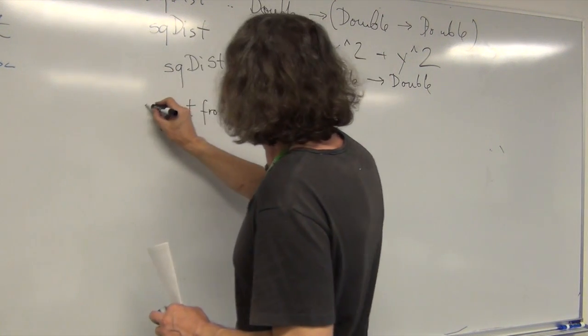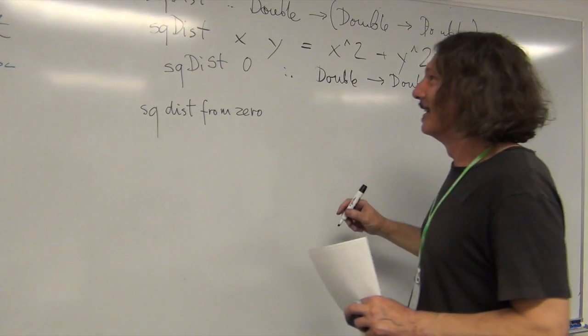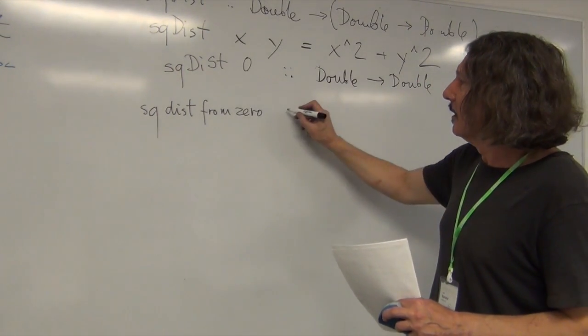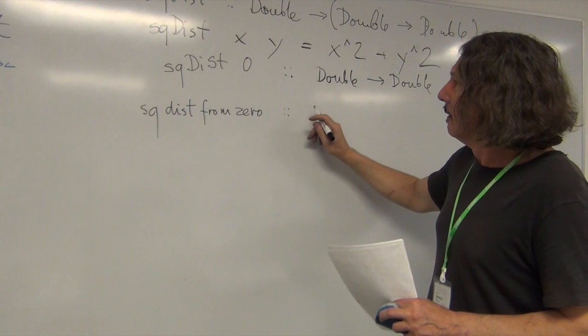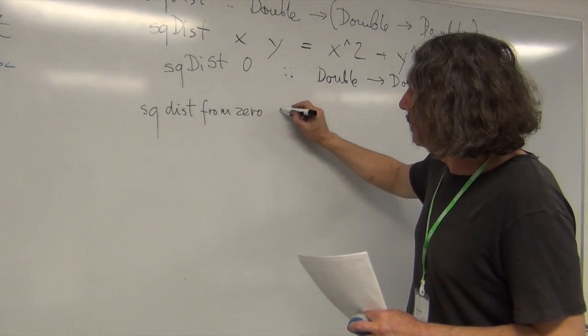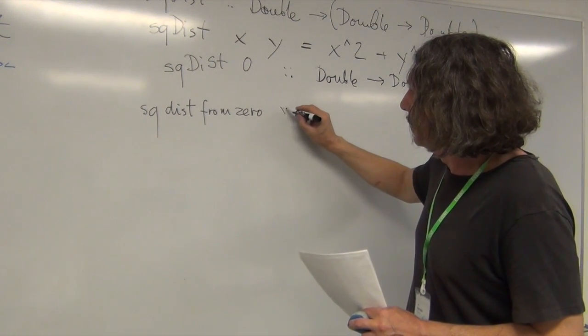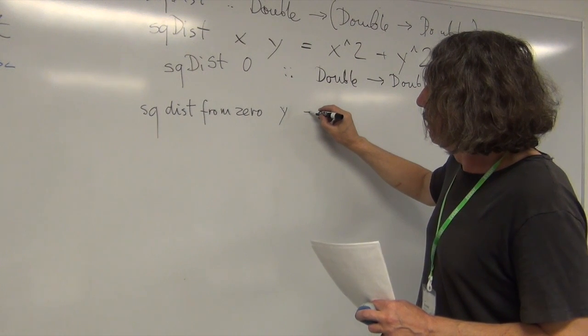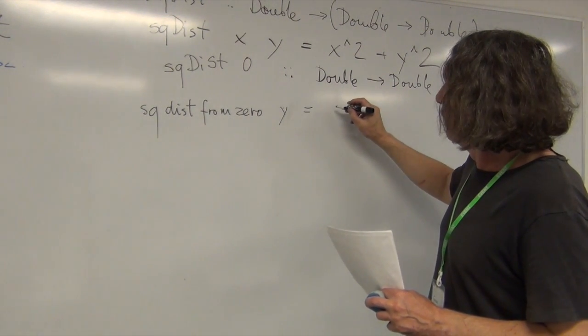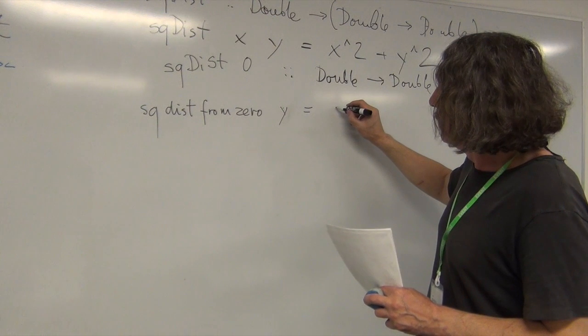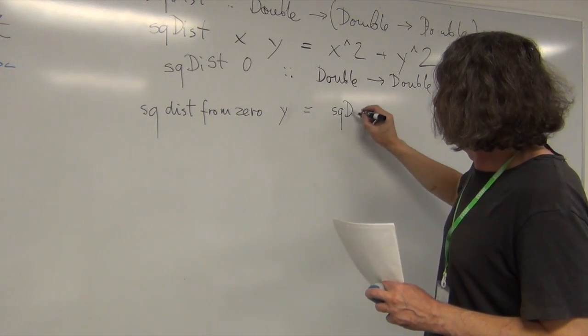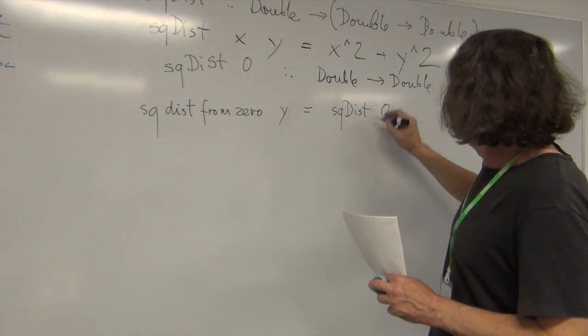Okay, square distance. Square distance from 0. Equal. It's a function of one argument, right? And just equal to SQ dist with 0.